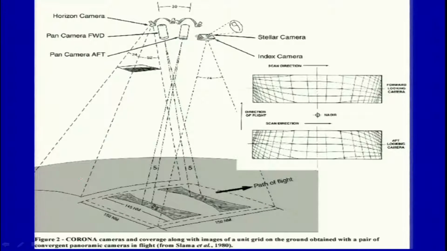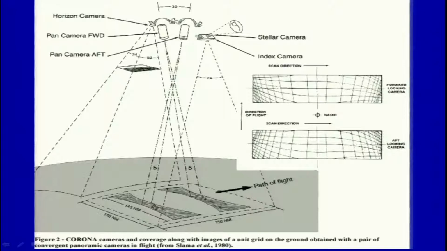You can also refer to one of our research papers published in Current Science long back, Dasora et al. You can download it from the Current Science website and try to read it. This will help you understand what exactly we are talking about, the data collected by satellite, mainly Corona images.